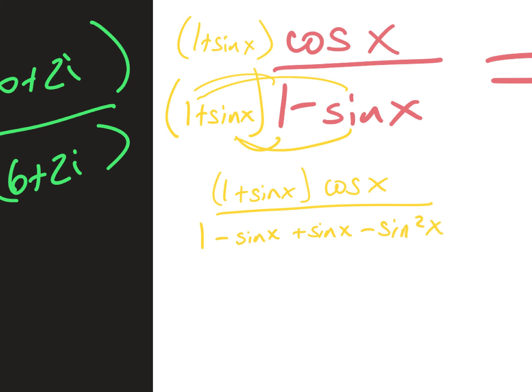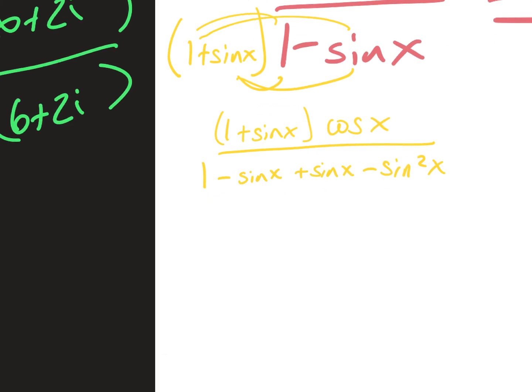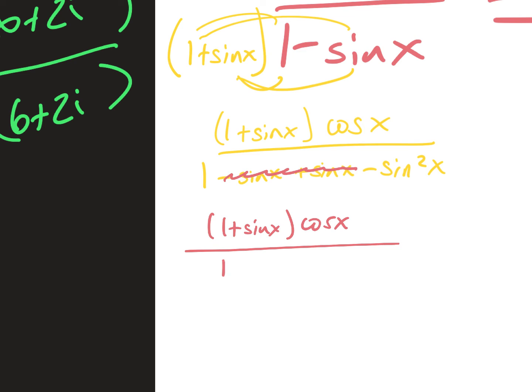What can I simplify? I can cancel out a negative sign and a positive sign, correct? Okay, that cancels out. So I have on the top 1 plus sine x over cosine x over, what's left on the bottom? 1 minus sine squared x.